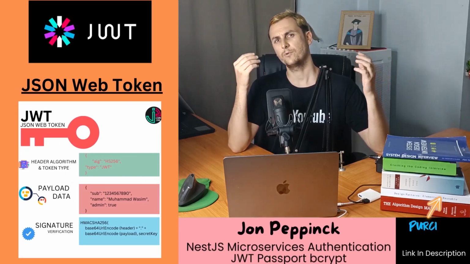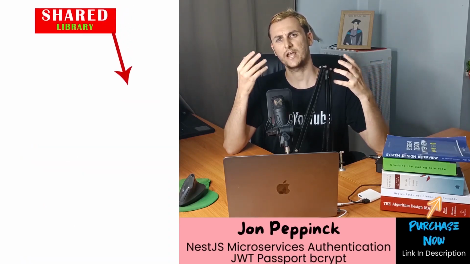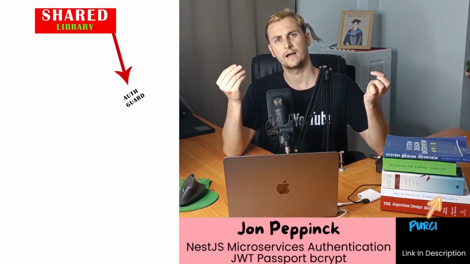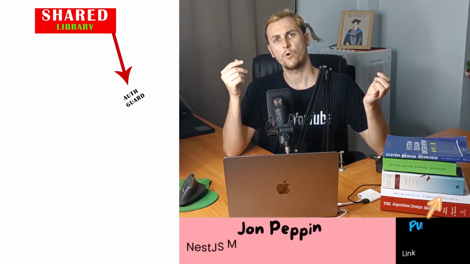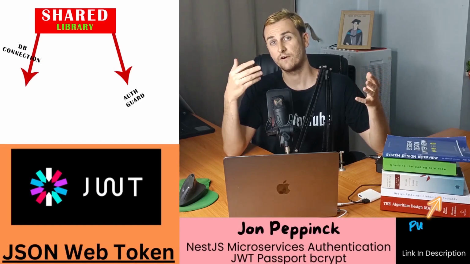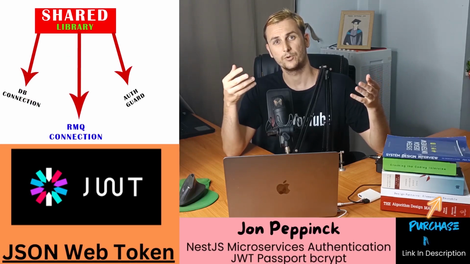The way it works in a microservices architecture is we have a shared library, and the shared library has the Auth Guard, and the Auth Guard calls the authorization service to do the body of the work: generating JSON web tokens, verifying JSON web tokens, and ensuring that they're all well and good.